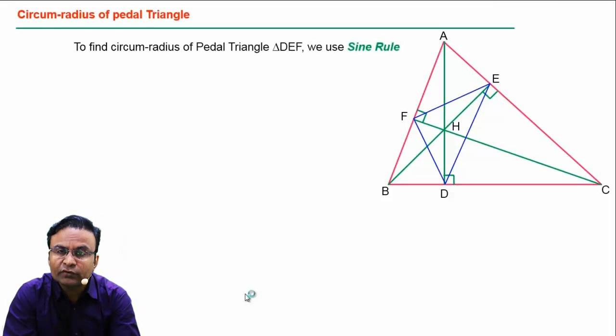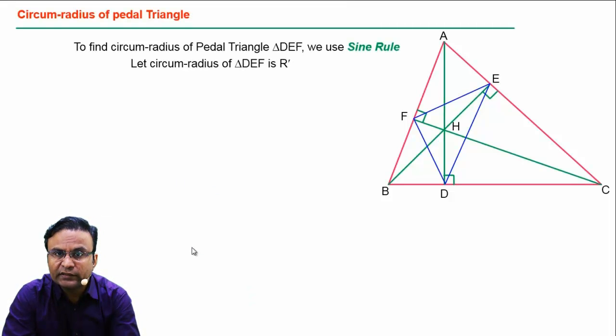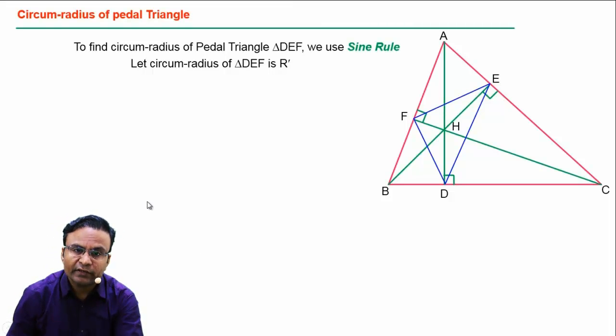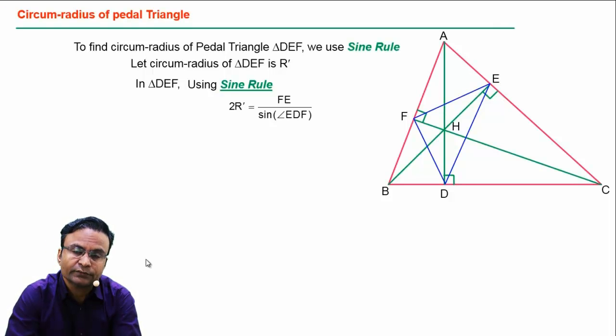To find this, we will be using the sine rule. Let the circumradius of this triangle be R dash. Now what is the statement of the sine rule? 2R dash is equal to length EF divided by sine of angle EDF. You know that by applying the sine rule, if you want to find the circumradius, we need one length of the triangle and the angle opposite to that length.